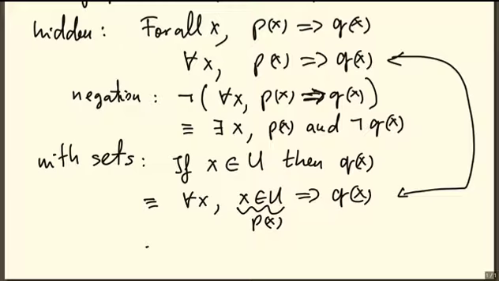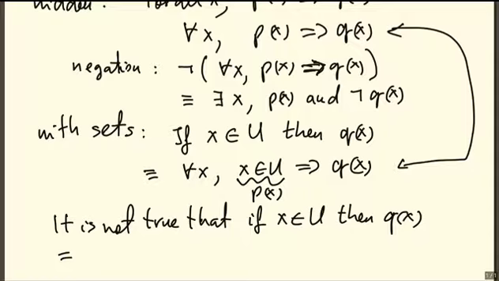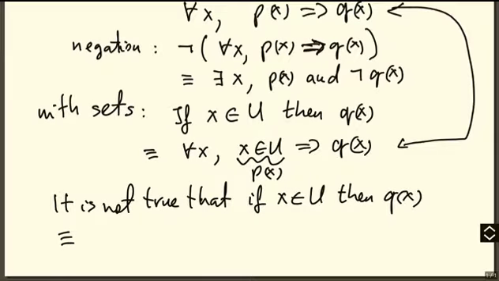And then if you want to negate this, and you want to say that it's not true that if x is in U, then q of x, this would be equivalent to negating this statement with the quantifier for all x, x is in U implies q of x.